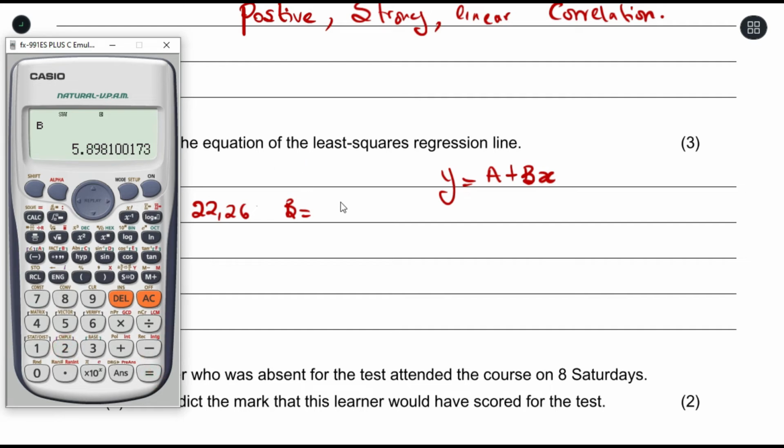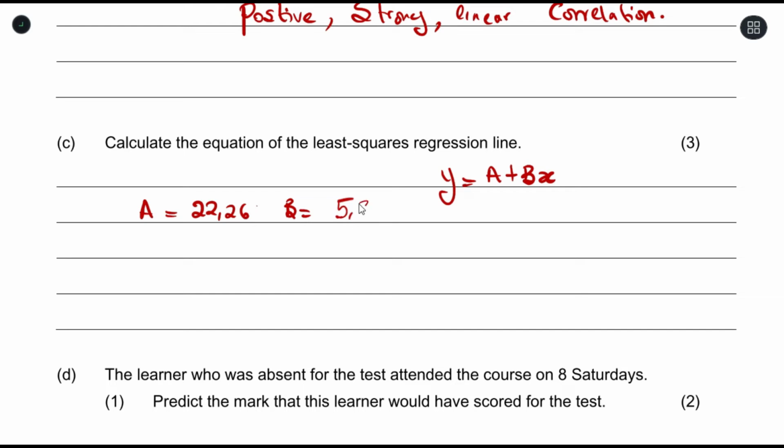So B is 5.898. So writing it properly, Y equals 22.26 plus 5.9x. Okay, so this would be your equation of your least square regression line.